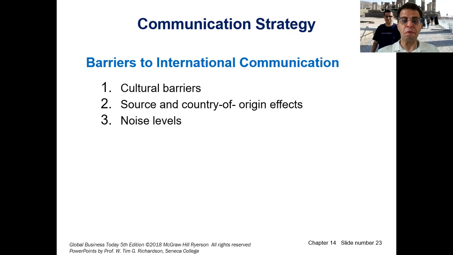There is a barrier to international communication, such as a cultural barrier, the country of origin effect, and noise level. Noise level means anything that causes a distraction, cultural barriers, and understanding of things differently in one culture than in the other culture.